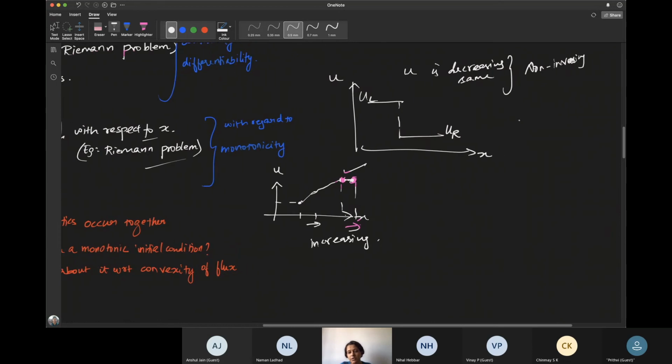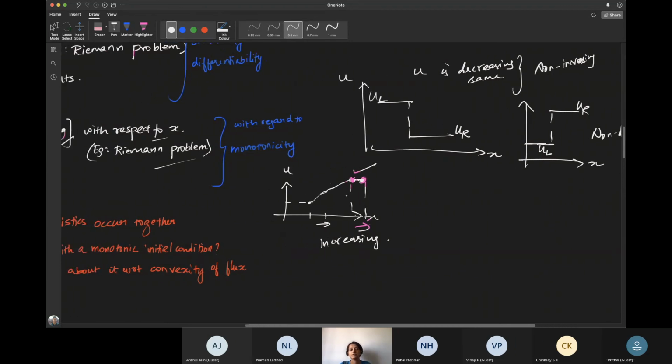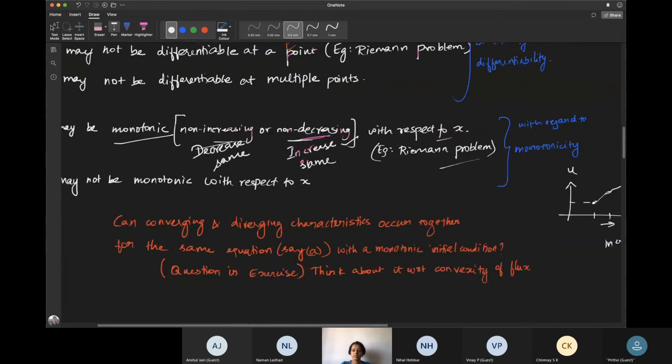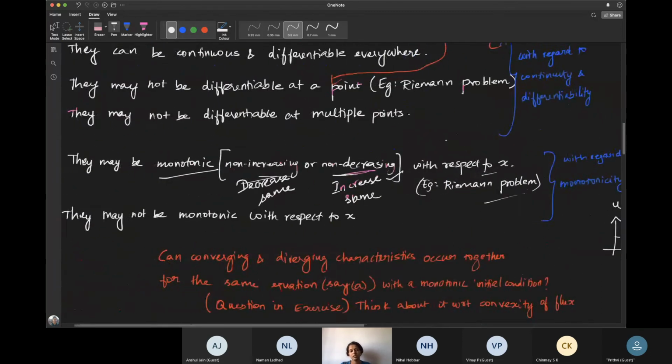On the other hand, you can have another function like this. This is ul and this is ur. This is a non-decreasing function. So this is what is meant by monotonicity of a function.